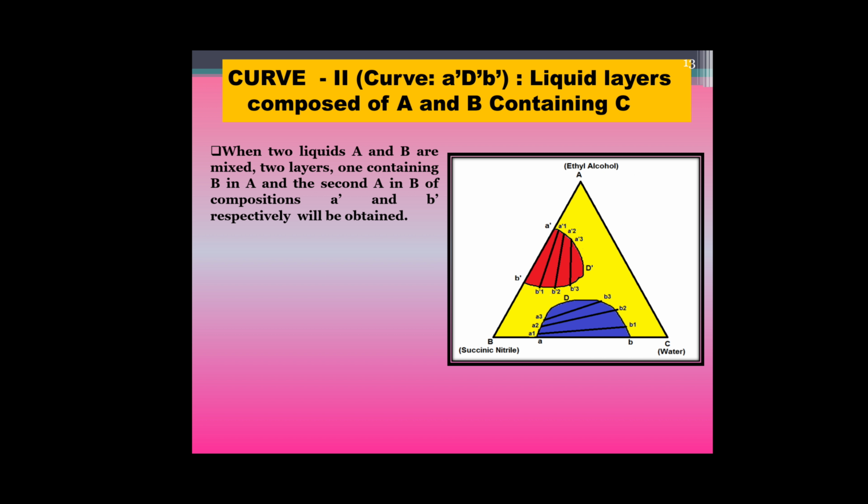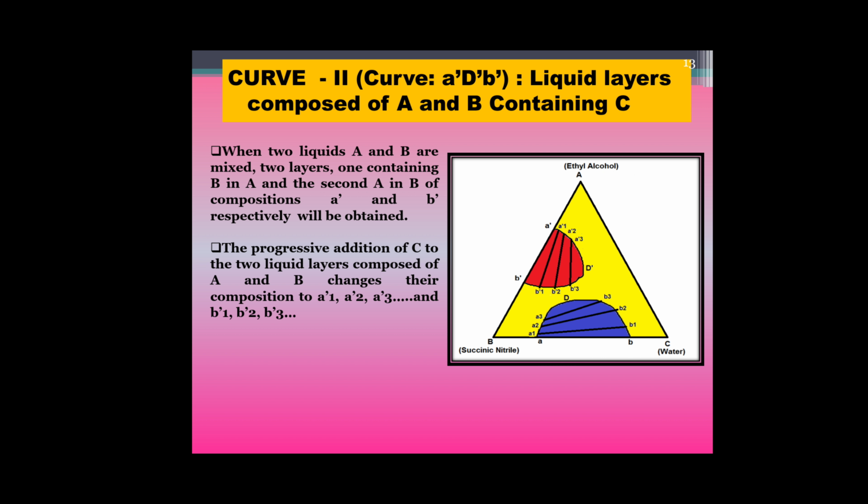Meaning in a system of A and B, that is ethyl alcohol and succinic nitrile, due to partial miscibility or partial solubility with each other, liquid A and liquid B form two liquid layers, one containing ethyl alcohol in succinic nitrile and the other succinic nitrile in ethyl alcohol. Such two liquid layers are formed due to their partial miscibility with each other.